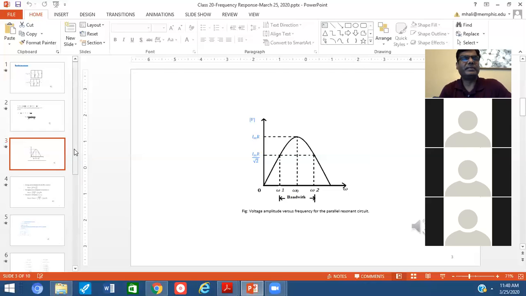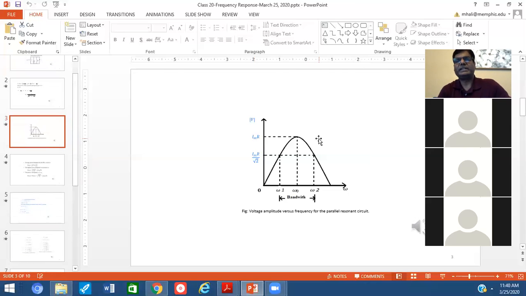So now moving forward, the goal is, likewise the series resonance, to find those two half power frequency points, omega 1 and omega 2. There will be two long expressions that I will be showing you.